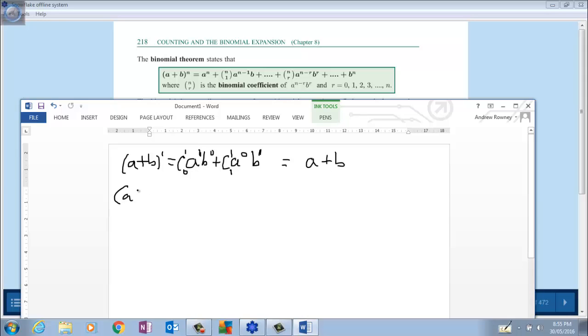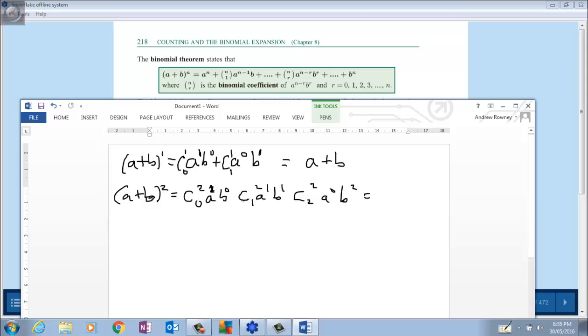The next one is (a plus b) all squared. Using the same formula, we'll have C02, these are the coefficients, and then it will be C12 and then C22. Now the a's and b's, you start off with the highest power for the a's, so it's a squared, a1, a0, and the b's, you start off with the lowest, b0, b1, b2.